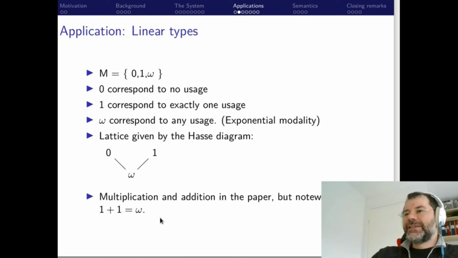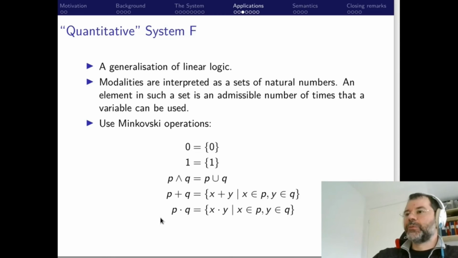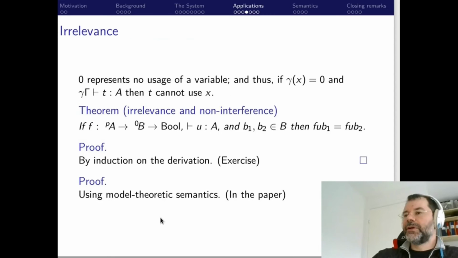The useful generalization of linear types is as a system which tracks the exact number of times that a variable is used. However, one must allow for sets of possible usages to implement the meet as set union. The rest of the structure falls out from this choice. An interesting property of all such modal systems is that a 0 annotated parameter is guaranteed not to be used. This is captured by the irrelevance theorem, which is stated as shown here and proven in the paper.